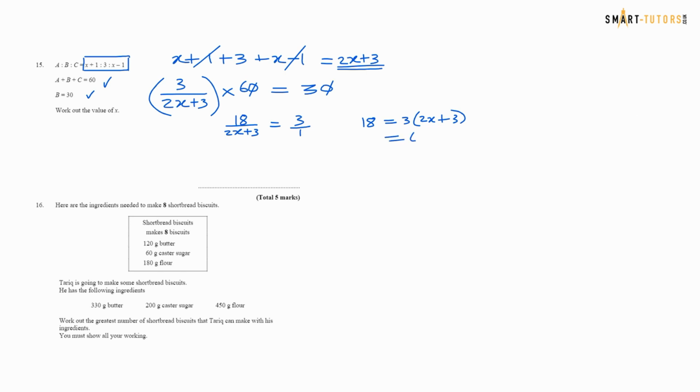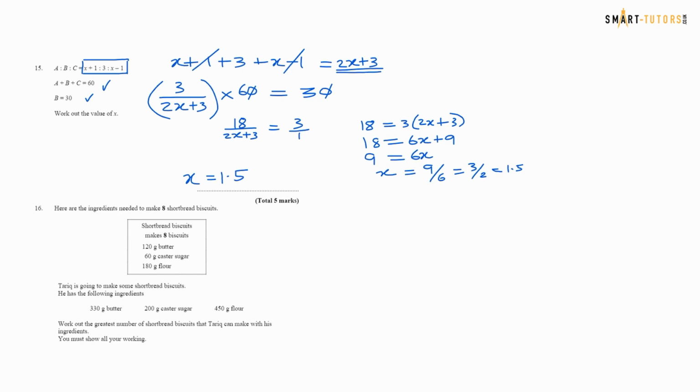So 3 times 2x is 6x plus 9, here 18. So 6x, the 9 is going other side, so 9. So x equal 9 divided by 6. 3 over 2 is 1.5. So they're only asking for the value of x, they're not asking for any ratio, so x equals 1.5.